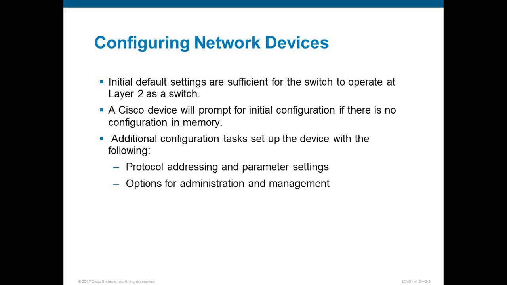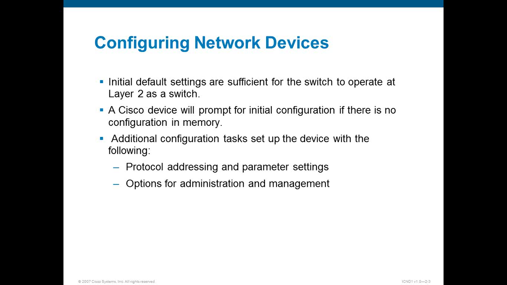A Cisco device will prompt for the initial configuration when no configuration is present. So by default, any device you take, the router or switch, has its own default settings. Default settings in the sense that it has a minimum configuration you can do. It's a kind of custom template where you can configure. Okay? That can provide you the flexibility of just configuring the default setting.